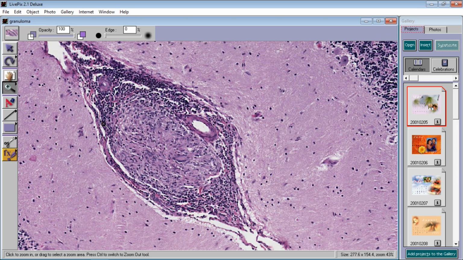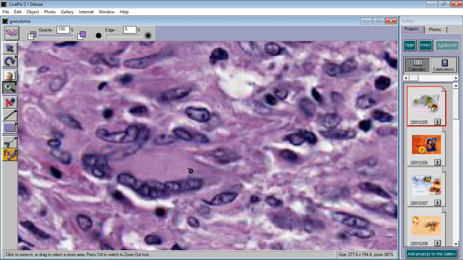Well, towards the periphery, you can see some lymphocytes. You can see a blood vessel in it, but that might be part of the meninges. You see a localized collection of cells that are not lymphocytes because they have a lot of cytoplasm, but they also form multi-nucleated giant cells as well.